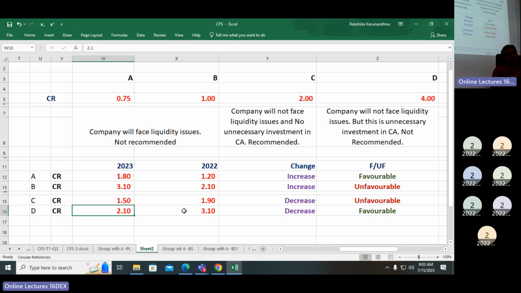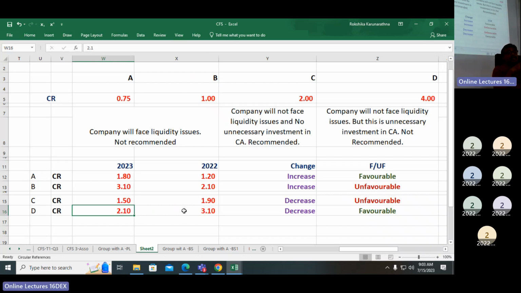But the problem in the current ratio, right? We say norm 2. Normally we have to take this norm 2, because current assets include inventory that takes a relatively longer period to convert into cash, not like debtors or cash and bank balances.